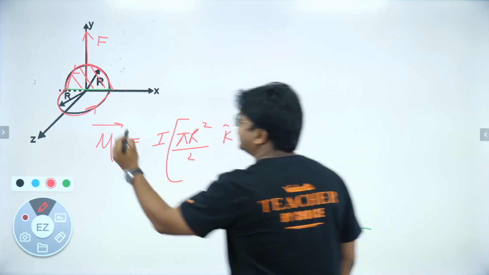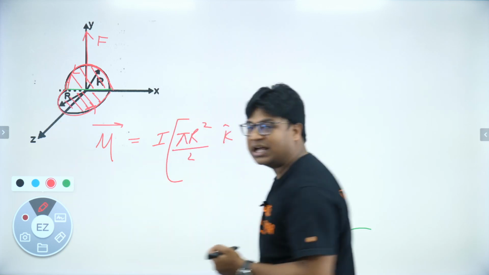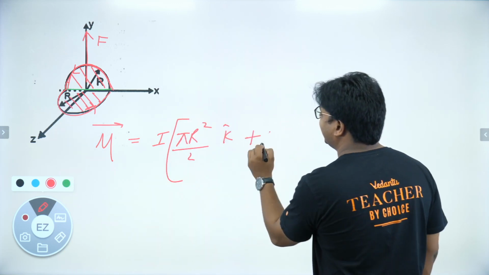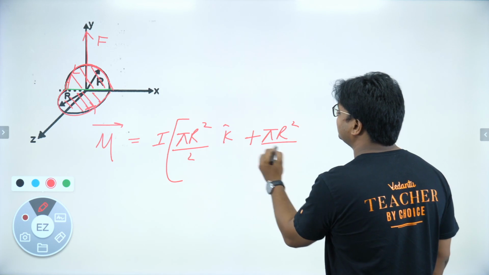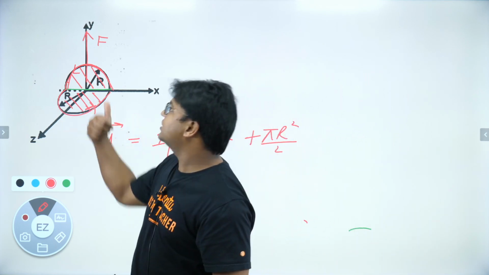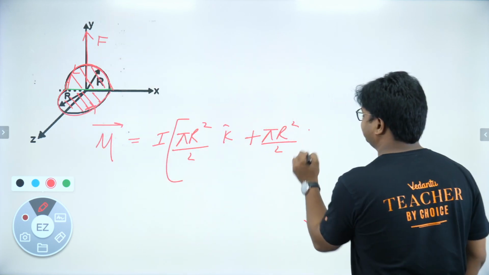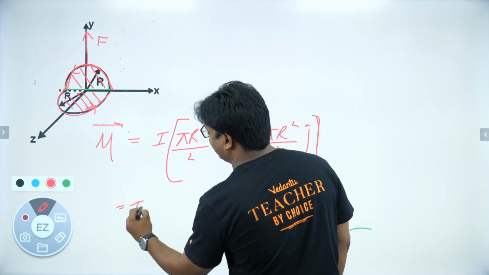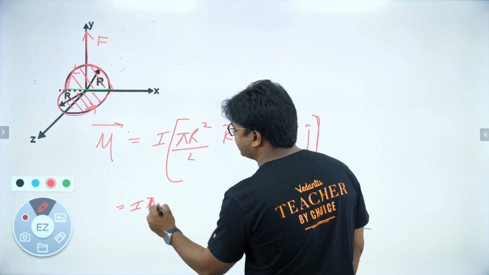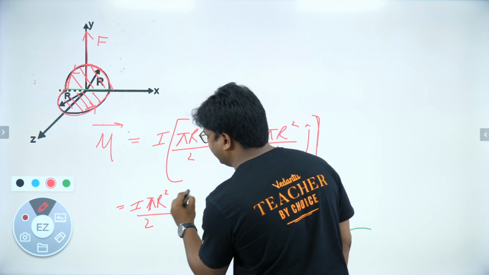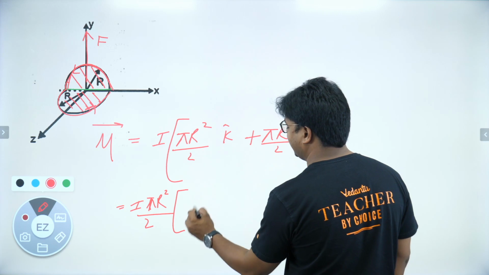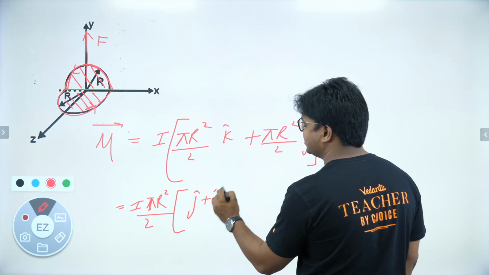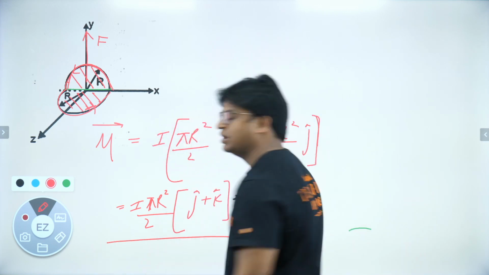And as far as the area that lies in the xz plane is concerned, I am going to write pi r square by 2, and this area vector is pointing along j direction. So this is the magnetic moment vector. I can take out pi r square by 2 as the common quantity, and then we have j and k. So this is the magnetic moment of this loop.